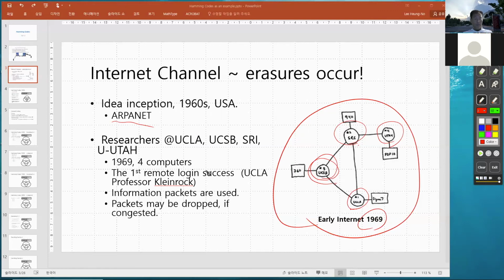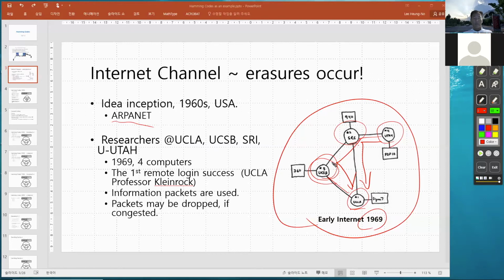And in this network, information bits are grouped together in the form of a packet. A packet is sent to the computers. So for example, if a Utah node wanted to send a packet to UCLA, it has to go through this route or this route.